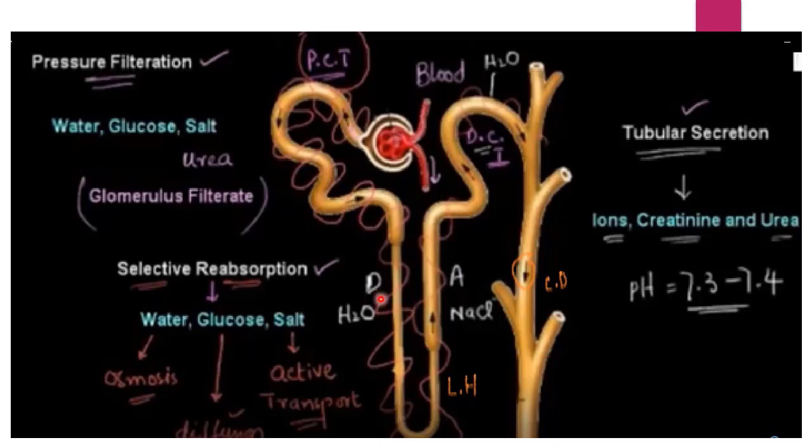The descending portion will reabsorb water, whereas the ascending limb of the loop of Henle will absorb the salts. This filtrate will then move towards the distal convoluted tubule, which is involved in the reabsorption of water.